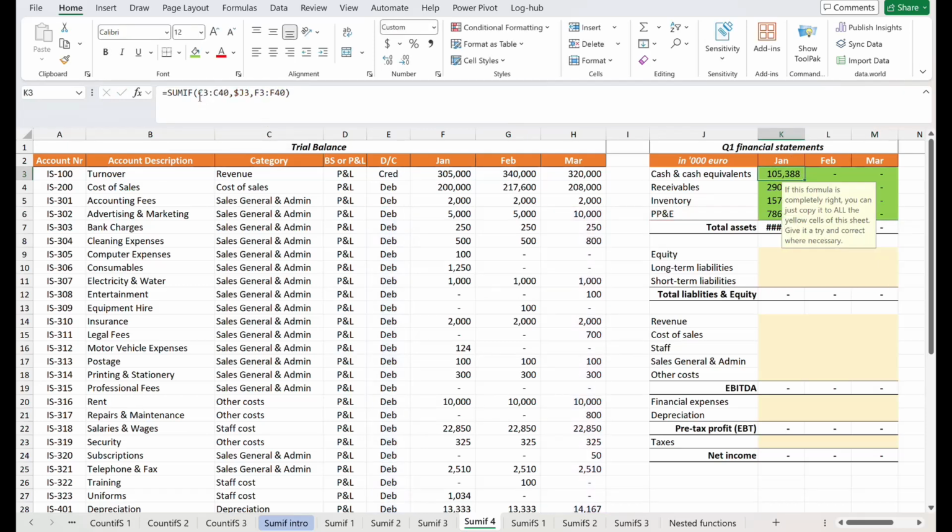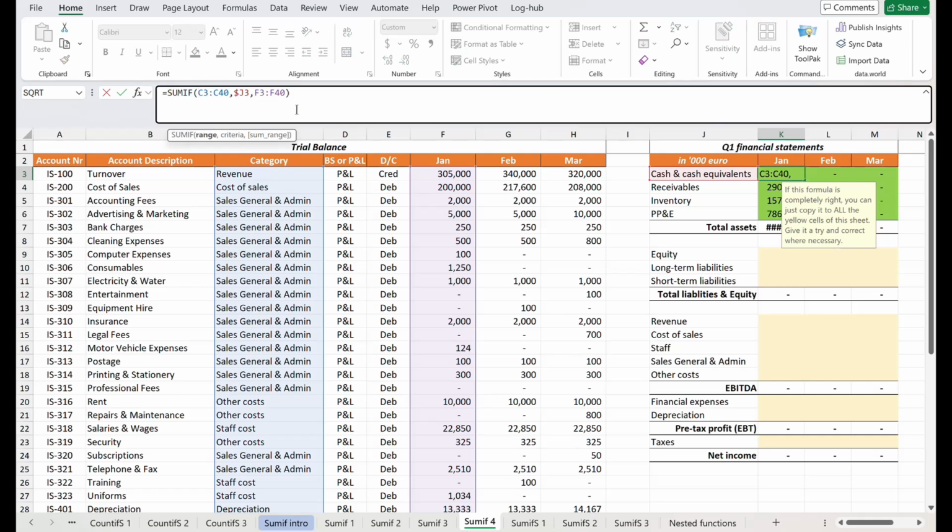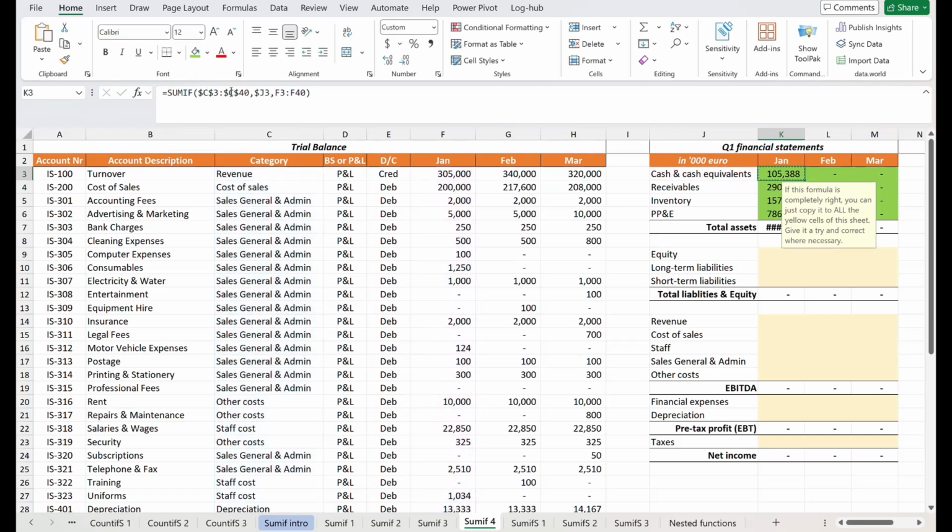Yeah, 40. So in other words, the range has to be fully fixed. It cannot move anywhere. Neither the columns can move, nor the rows. So let's check. I fixed it.